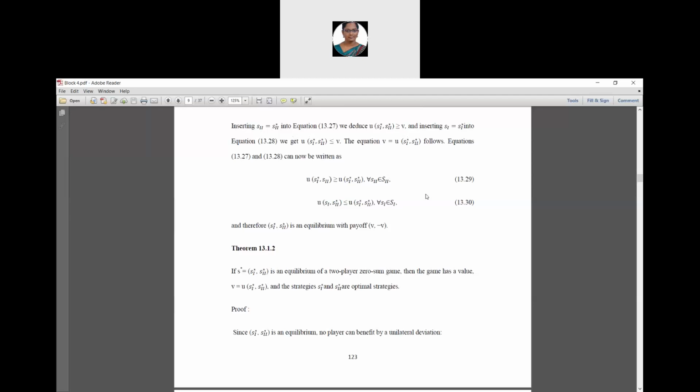And therefore S1 star comma S2 star is an equilibrium with payoff V comma minus V. Hence proved.